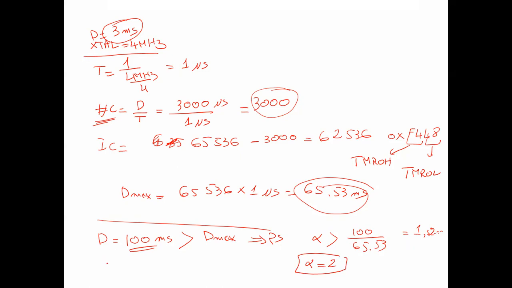Now, what is the number of counts? The number of counts will be the delay divided by alpha multiplied by the period.